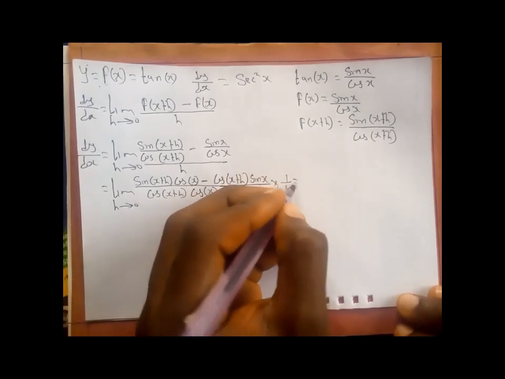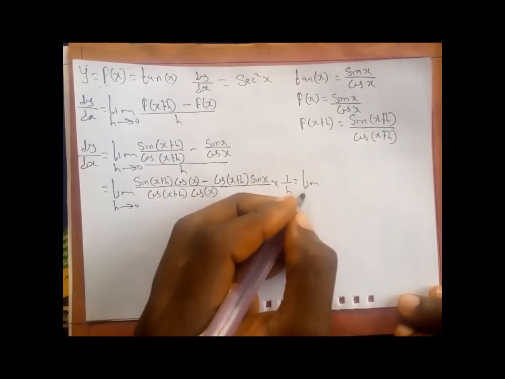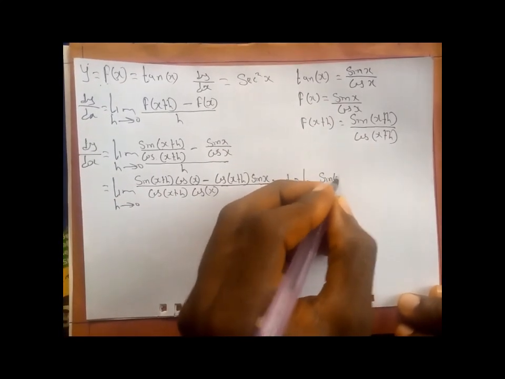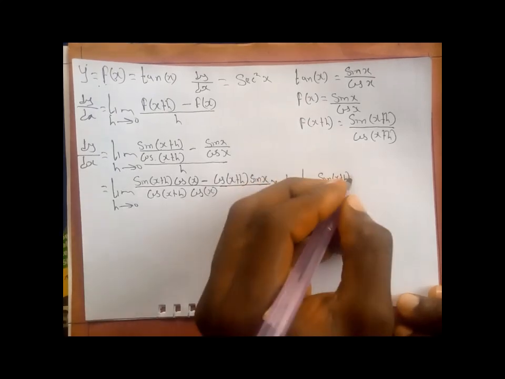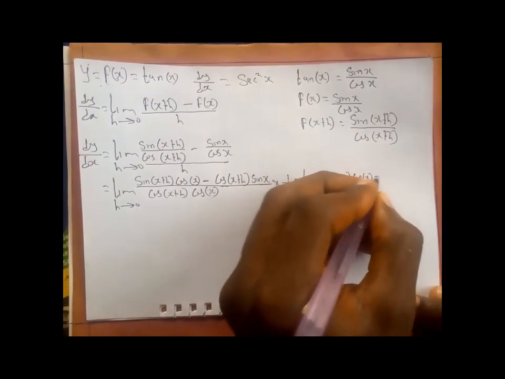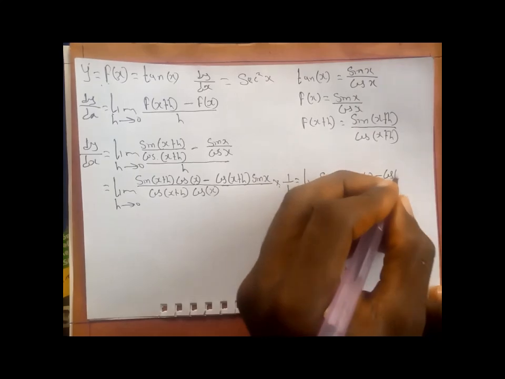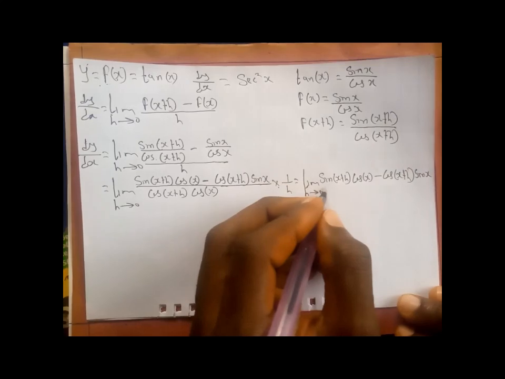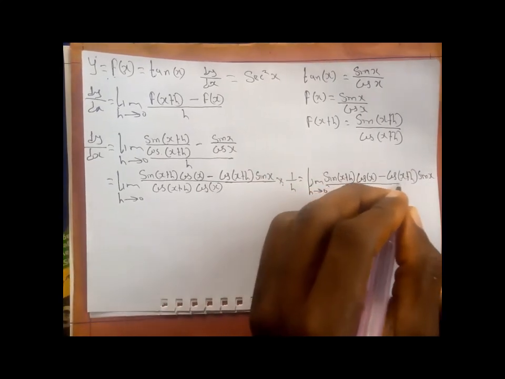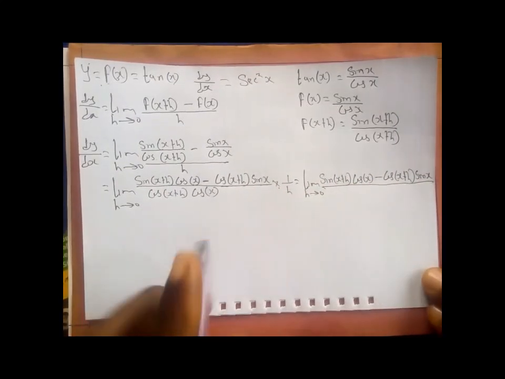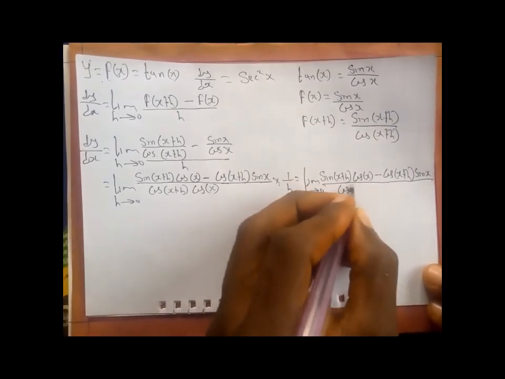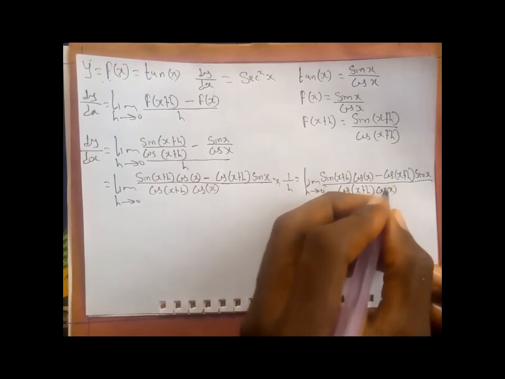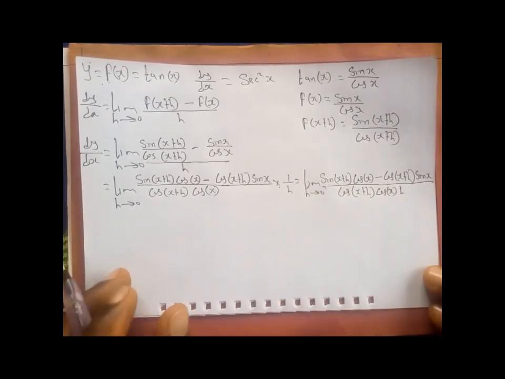This will be equal to the limit as h approaches 0 of sine x plus h times cosine x minus cosine x plus h times sine x, then everything is divided by the product of these, cosine x plus h times cos x, then multiplied by h. Perfect.